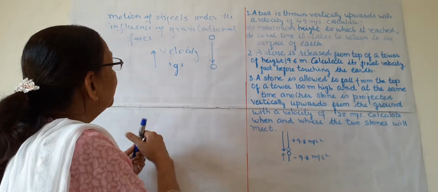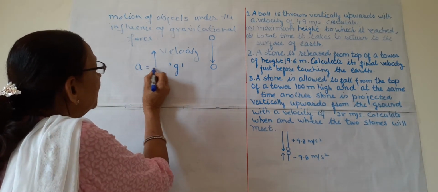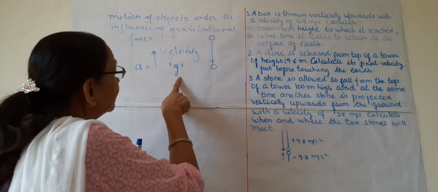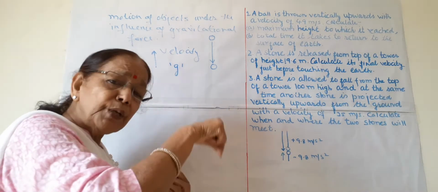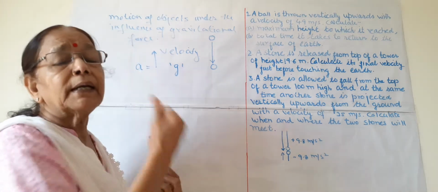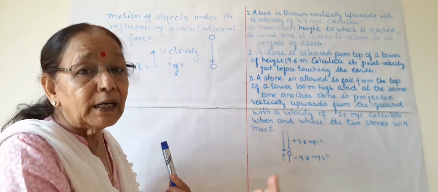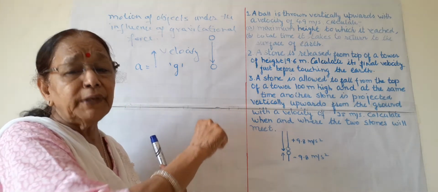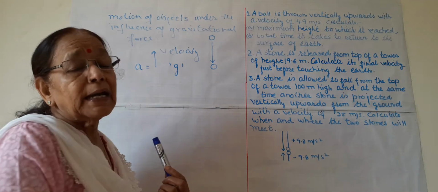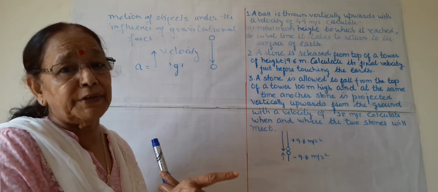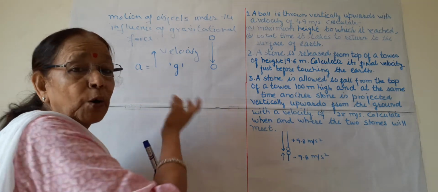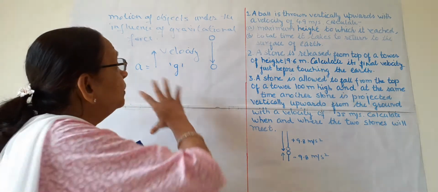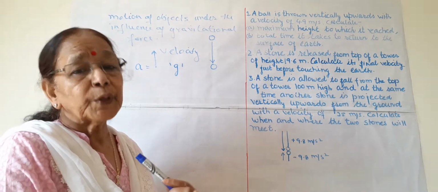It is similar to a, which is normal acceleration, but this acceleration is particularly due to the gravitational force of earth. That's why a separate symbol is given. So these things we know.